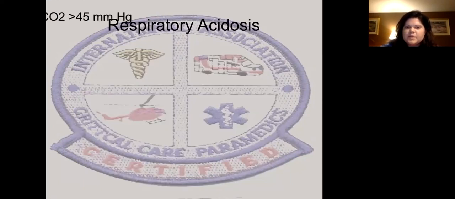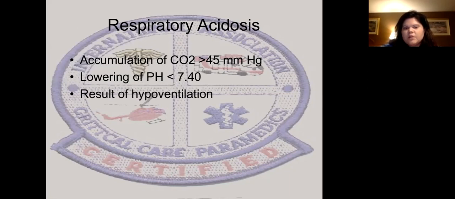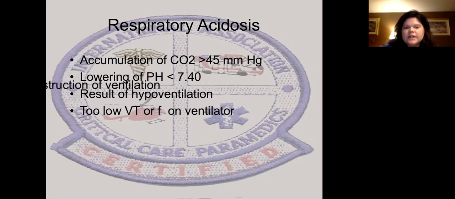Now let's talk about respiratory acidosis. That's going to be an accumulation of your CO2 greater than 45, remember. Lowering of pH to less than 7.40 results in hypoventilation. Too low VT or F on ventilator, so your tidal volume.